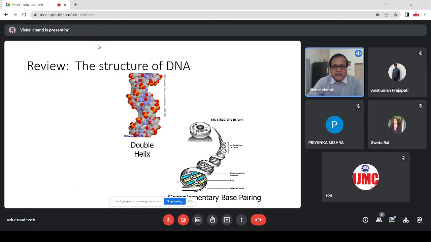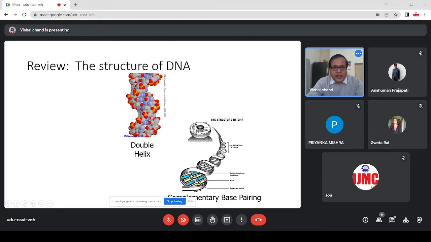DNA is a double helical structure, and this double helical form is arranged in a complex manner, like one helical turn, and finally it is converted into a more complex form like a chromosome inside the cell.